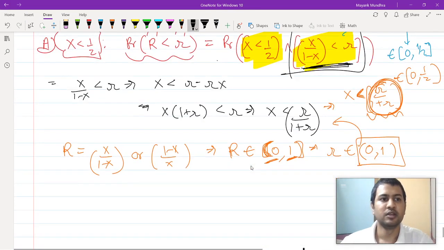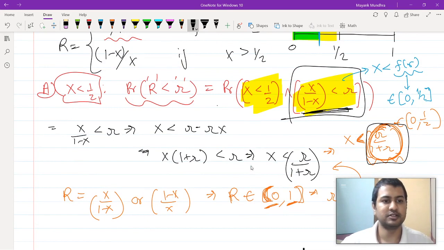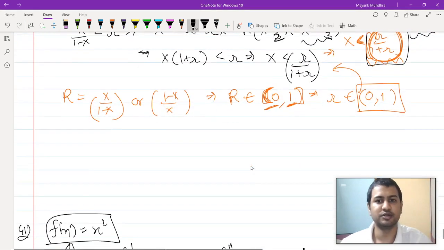The right condition is going to be the limiting thing, because it is the stricter one to hold. The function f of r, which is r upon 1 plus r, can be any value between 0 and half. So it is, let's say, 1 by 3. This condition becomes probability x less than 1 by 2 and x less than 1 by 3. So obviously x less than 1 by 3 is the stricter condition.